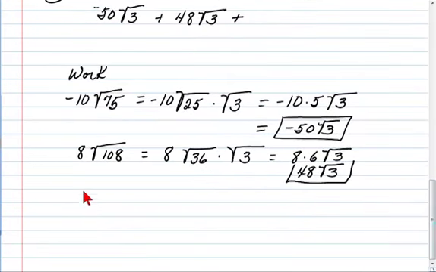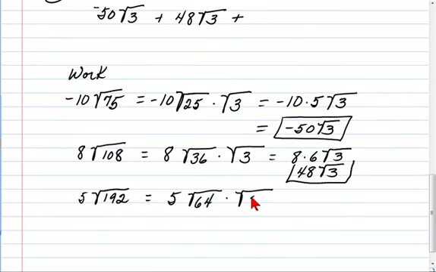Finally, I have 5 times the square root of 192. Keep the 5, and 192 is not a perfect square. All right, I'm kind of hopeful that 3 is a factor of that, and sure enough, 3 goes in there 64 times, and that's kind of a sneaky way to get my square root of 64.